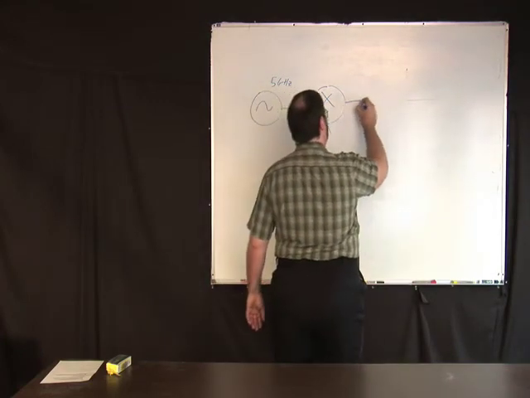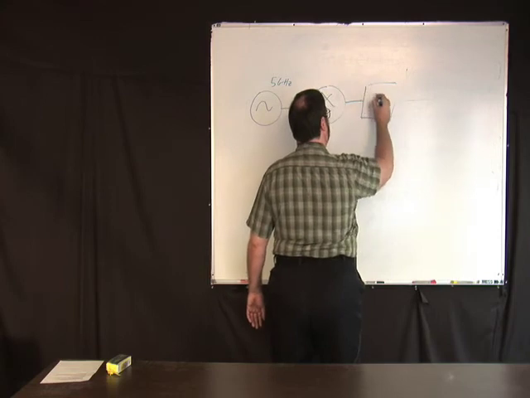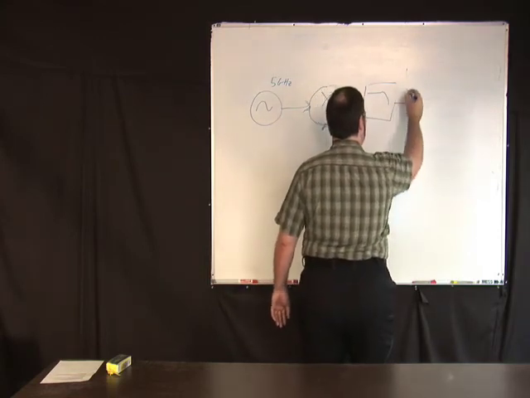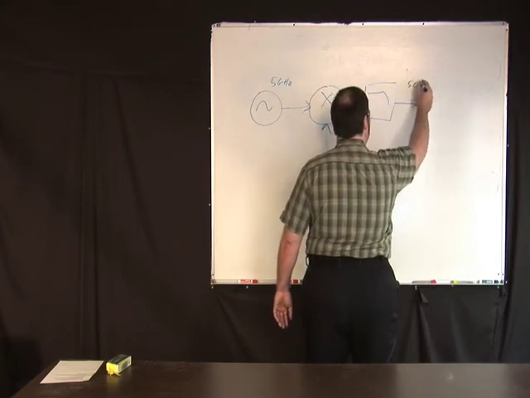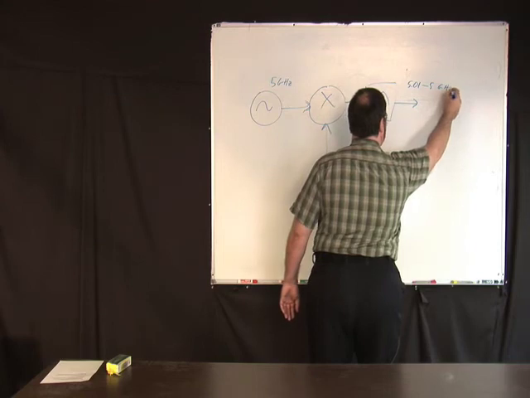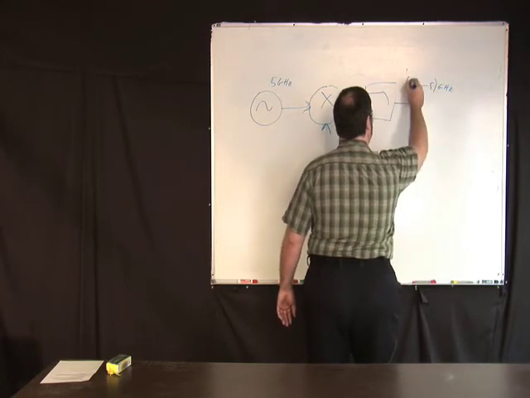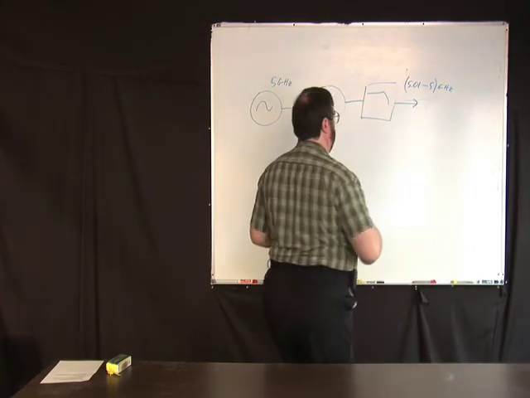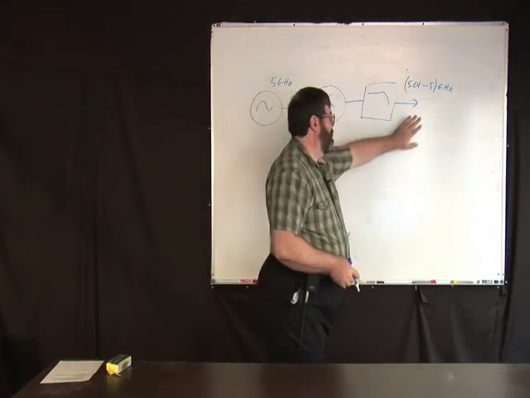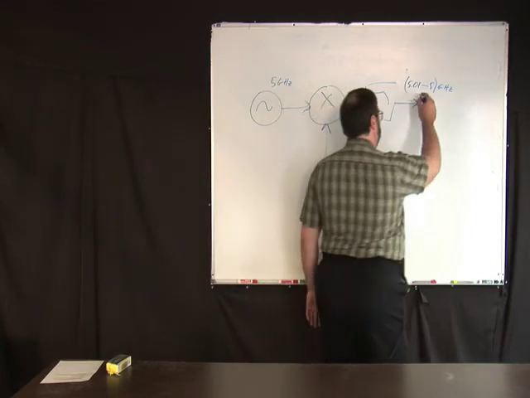Then you put it through another low pass filter, and what comes out is your 5.01 minus 5 gigahertz signal. Well, a 5-ish signal, right? You don't know exactly what it is. So you can count that with your frequency counter.